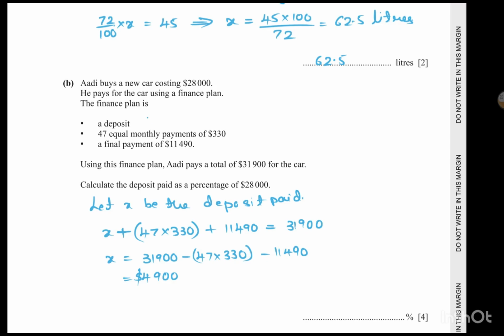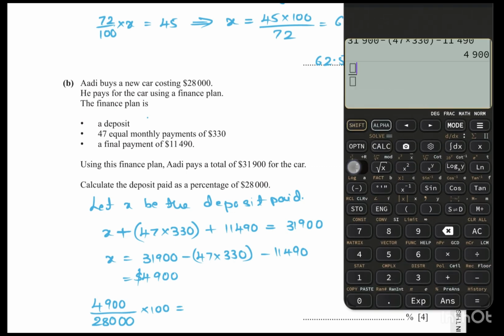This is in dollars. Now we have to find the percentage. So to find the percentage, we have to take this amount divided by the amount of which we want the percentage, that is 28,000. So we will take that in the denominator, 28,000, into 100. We will get the percentage.